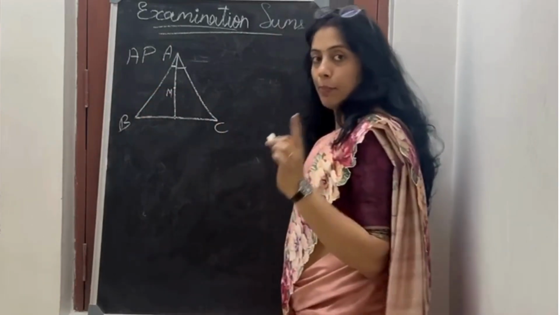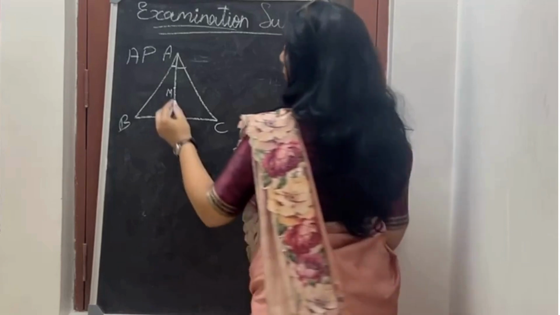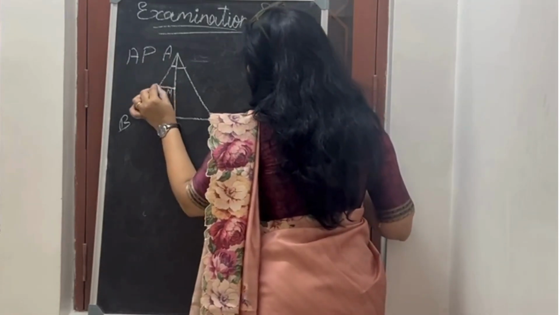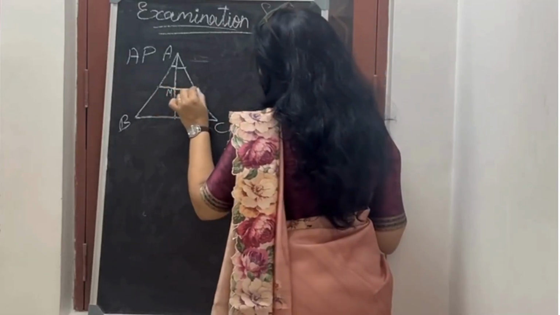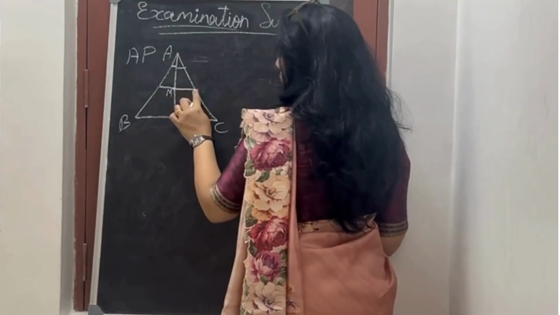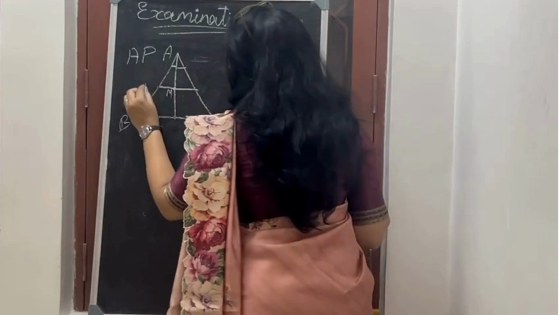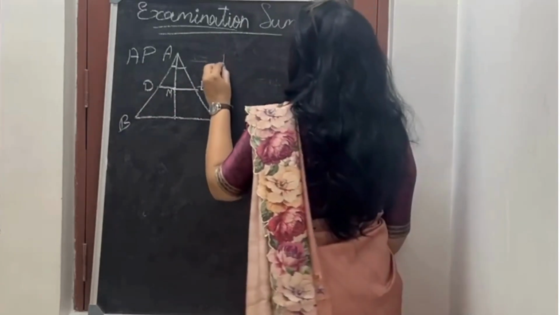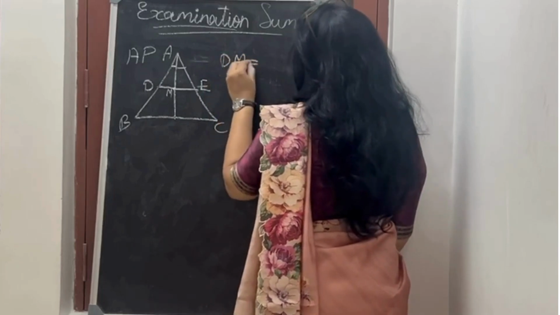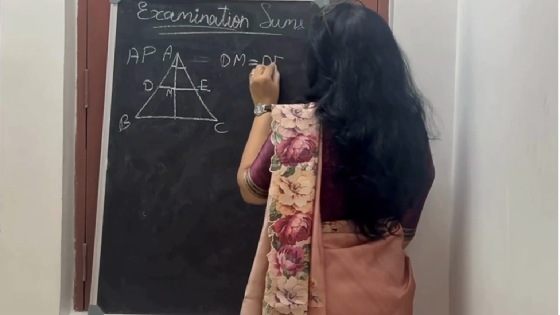M is any point on AP, and when a perpendicular line is drawn from M to AB and M to AC, you have to prove that, let me name this D and E. What I have to prove is DM is equal to EM.